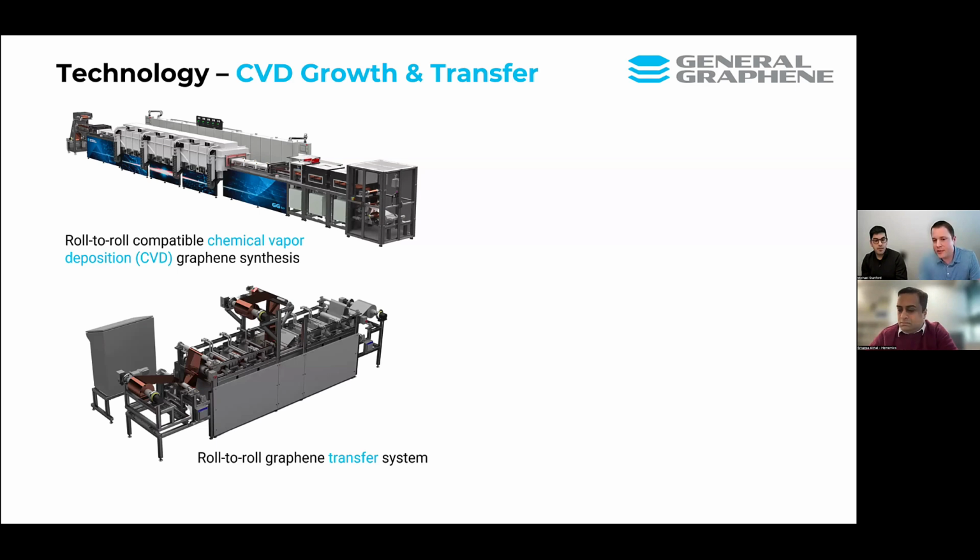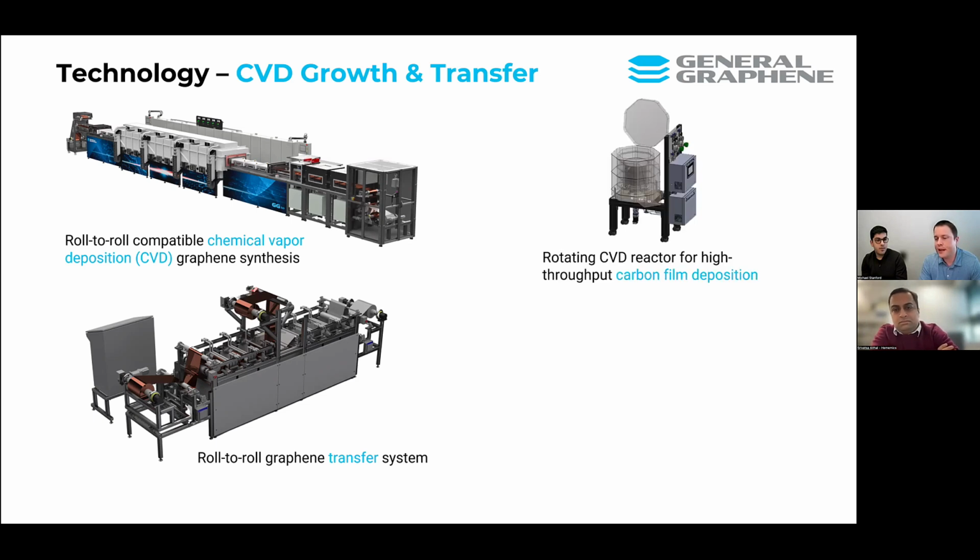Additionally, we've developed some auxiliary equipment to help process this graphene more downstream. One of these is a roll-to-roll graphene transfer system. On this system, the output is graphene on polymer, and then we can recollect our catalyst to actually reuse it. We've also developed some alternative systems like a rotating CVD reactor.